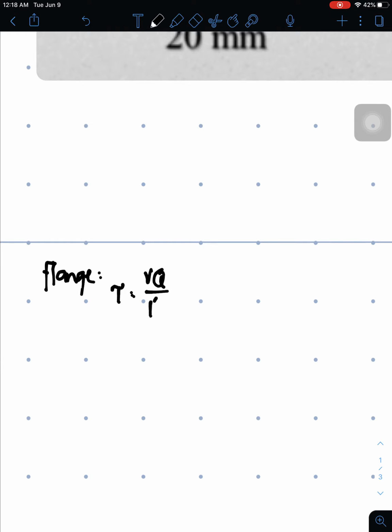Stress is VQ over IB. We have the same value of V to be 60,000.